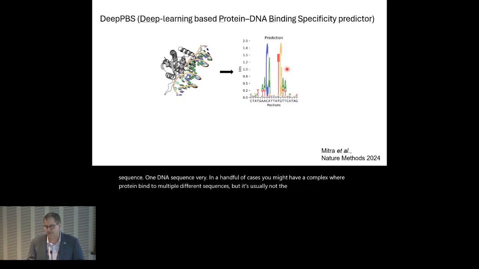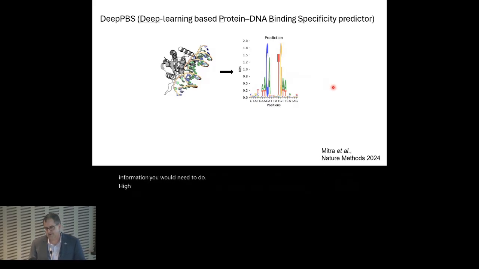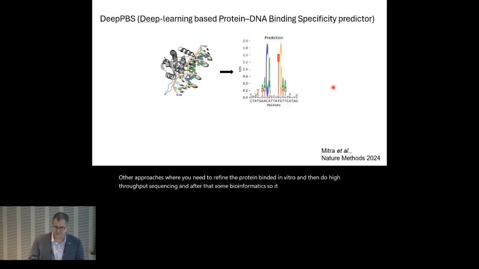To get this information, you would need to do high-throughput binding assay experiments, such as high-throughput SELEX, PBM, or other approaches where you need to purify the protein, bind it in vitro, and then do high-throughput sequencing. And after that, some bioinformatics. So it would be a relatively long path to calculate position weight matrices.